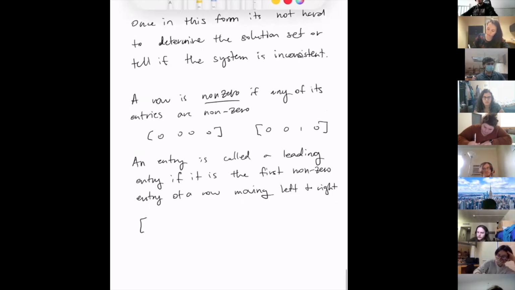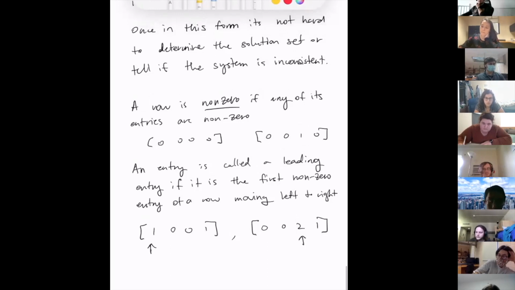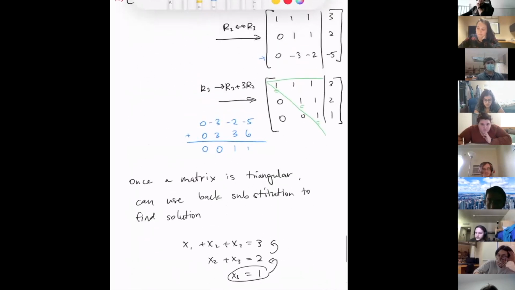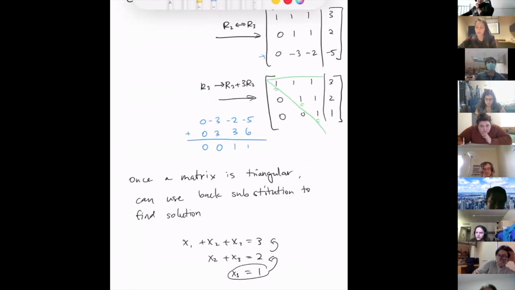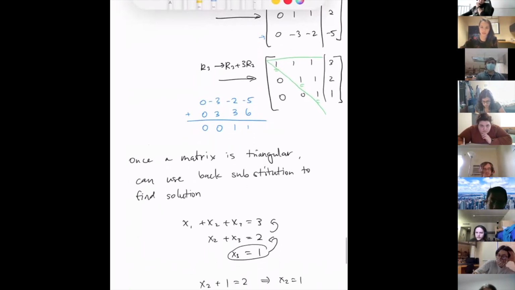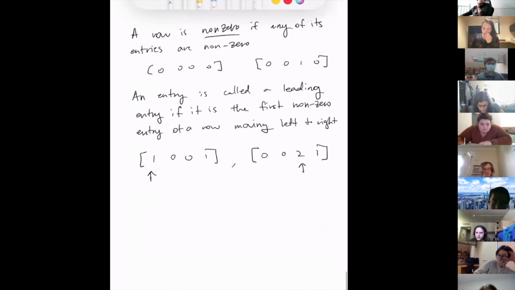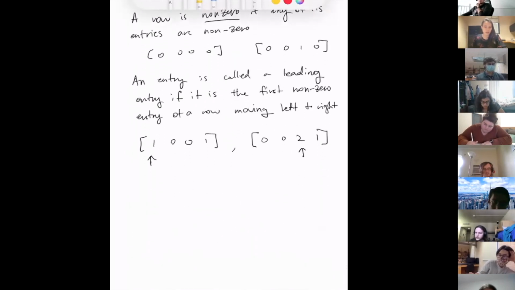So for example, here is your leading entry in this row, and then it's not until the third entry in the second example, right? So just the first non-zero. So the leading entry of row 3 in our previous example would be the third column? Up here? Yeah. So it would be that one right there. That's the leading entry. Okay, so that's all we need to define.